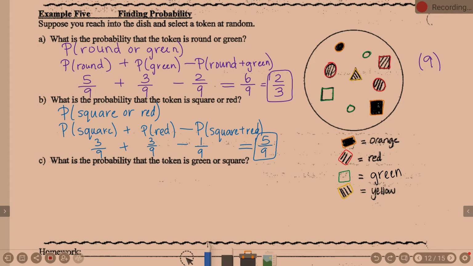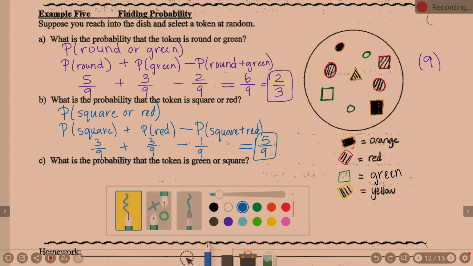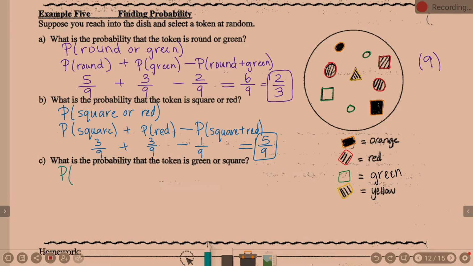One more? What is the probability that a token is green or square? Well, I feel like we've done both of these before, haven't we?